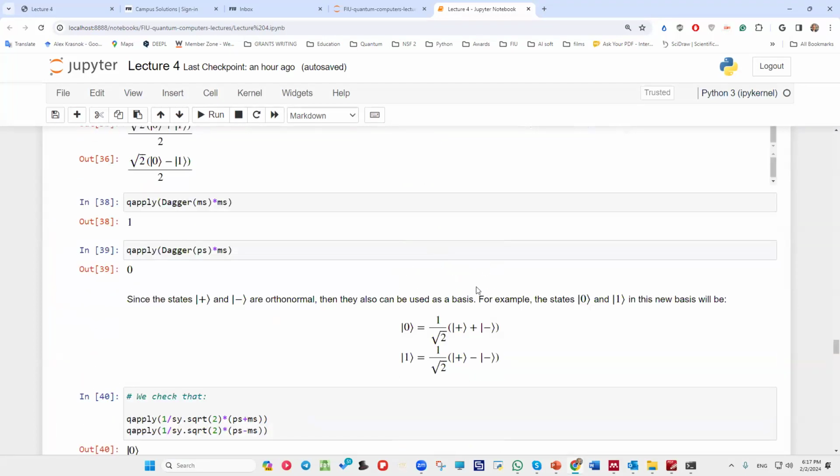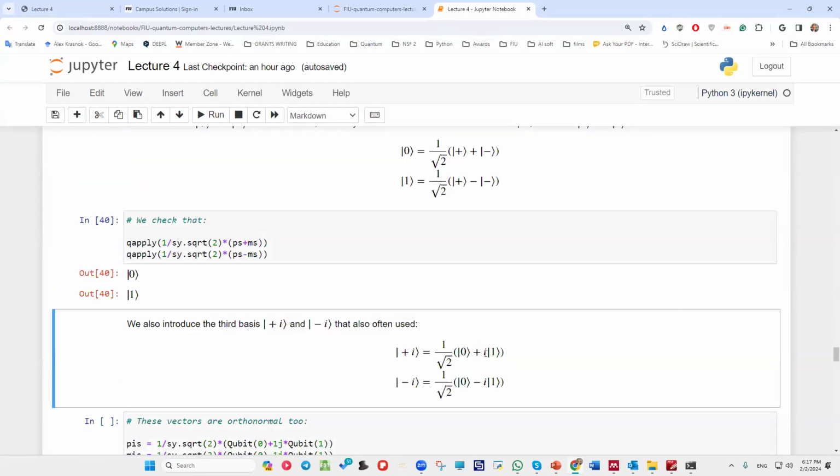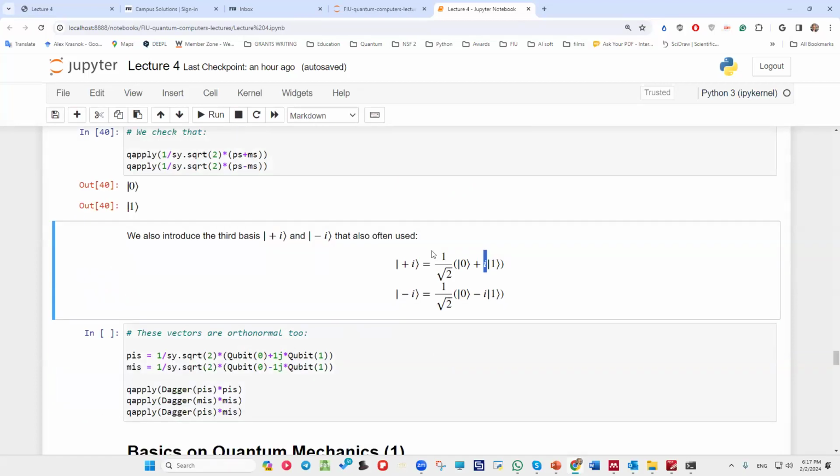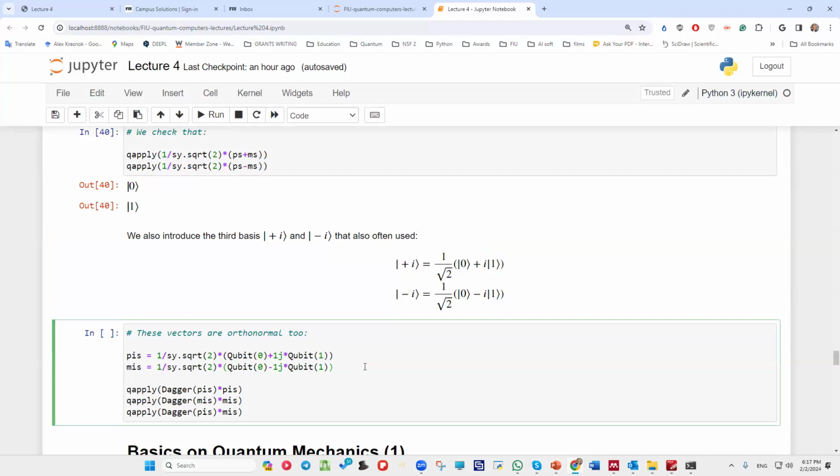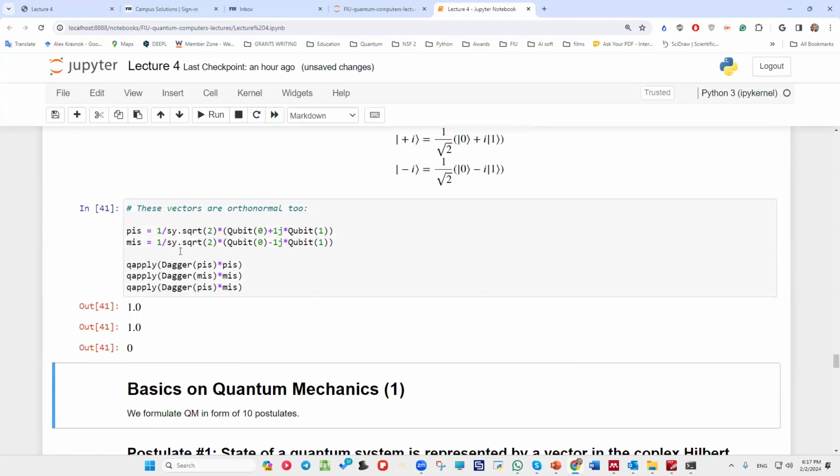The difference from plus and minus is just the appearance of this imaginary unit before state 1, right? So we introduce the imaginary unit here. Again, these two vectors are also orthonormal. Let us check it here, right?